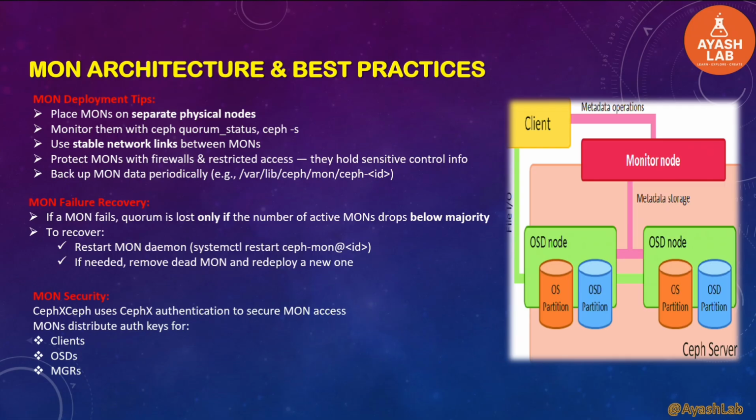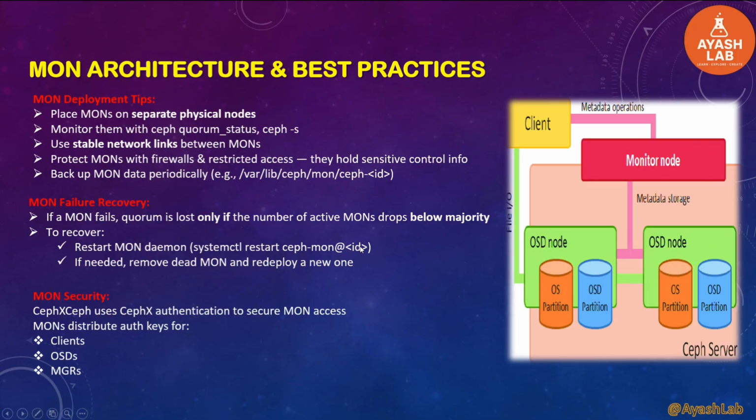If a Mon fails, don't panic. Ceph can still run as the quorum is maintained. To recover, we try restarting the Mon process, and the command is systemctl restart ceph-mon@ID.